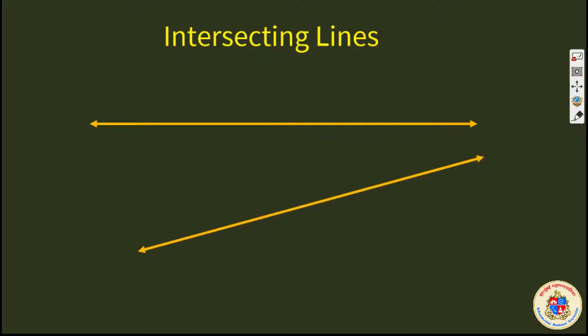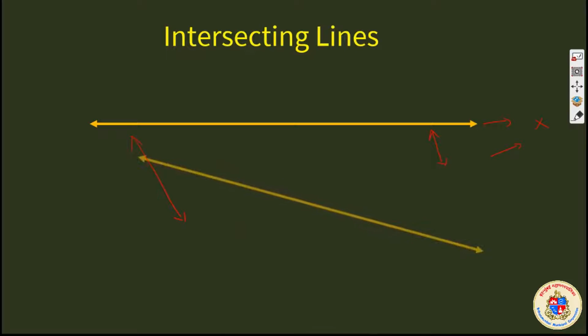Here you can see at one end they are very close by, right? Here they are far away, and we are quite sure that on extending this further they are going to meet, intersect. They are called intersecting lines. You are very clear about it.